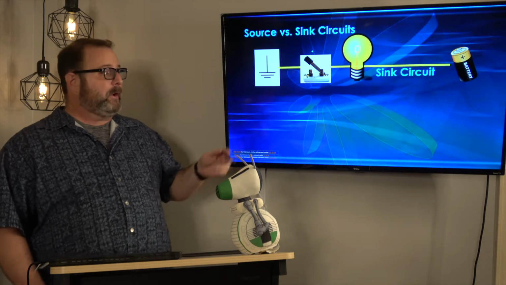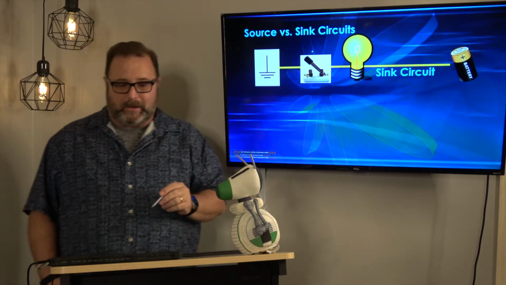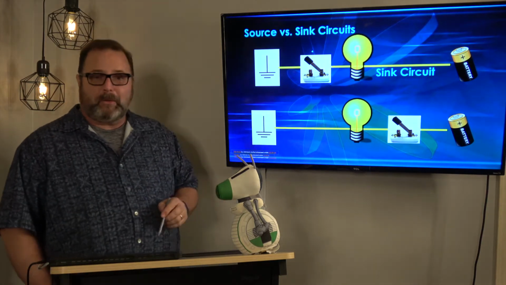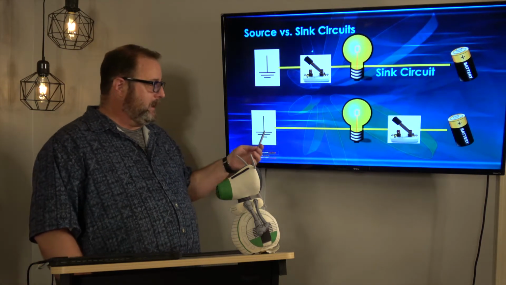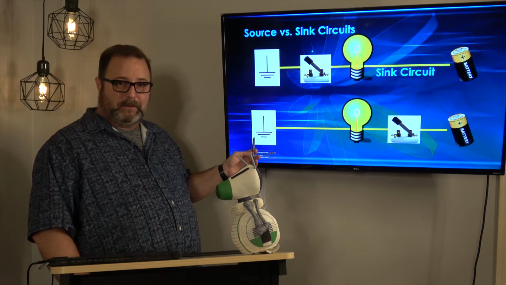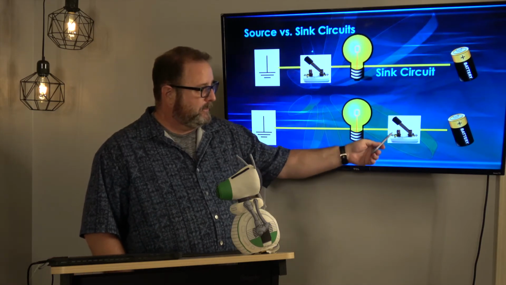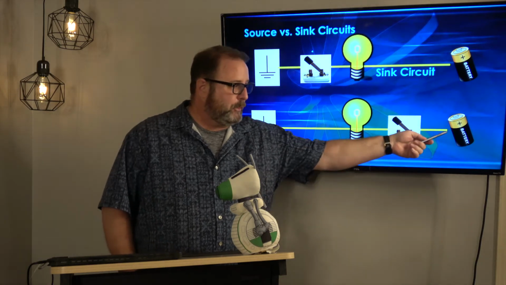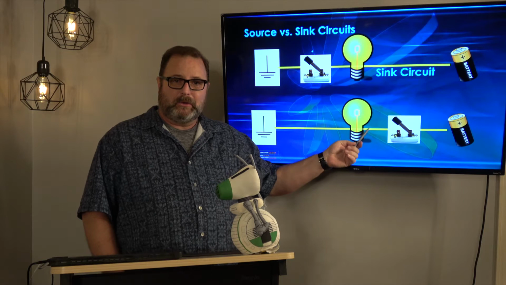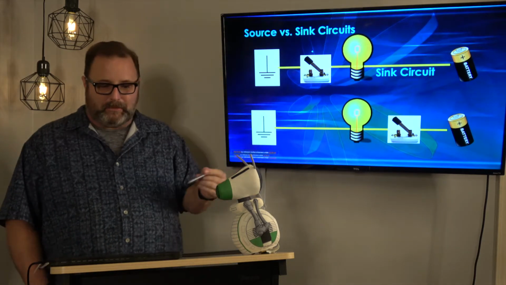Now to flip this, all we have to do is put the switch on the other side of the light bulb. So in this situation, if the switch is open, we're constantly connected to ground. So this thing is constantly grounded, all right? When we close this switch, we are sourcing it by giving the source power to the bulb to then go to ground, okay?